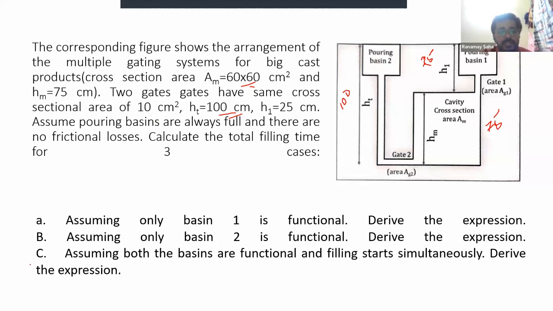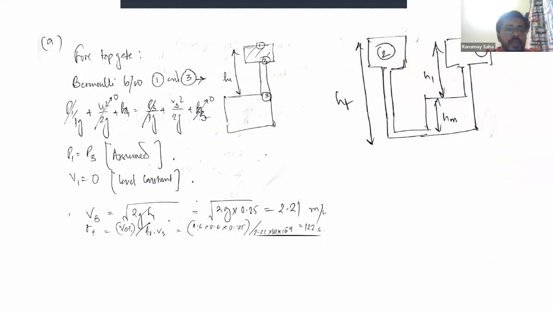So the first question was, you have to assume that only basin 1 is functional, and basin 2 is not working. So basin 1 indirectly becomes a top gating system, right? So for a top gating system, you just use the Bernoulli principle. You know how to use it for a casting process.